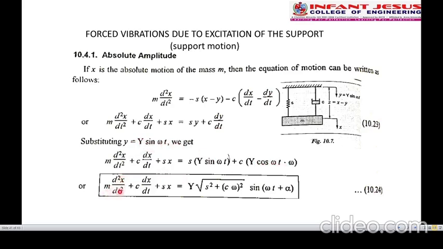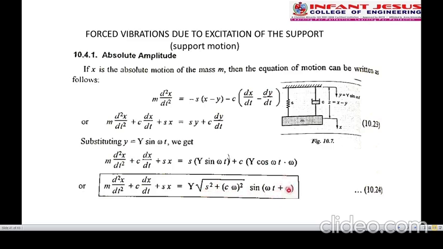After substitution and simplification, we can write m d square x by dt square plus c dx by dt plus sx equal to, take Y as common, root of s square plus c omega whole square into sin omega t plus alpha.